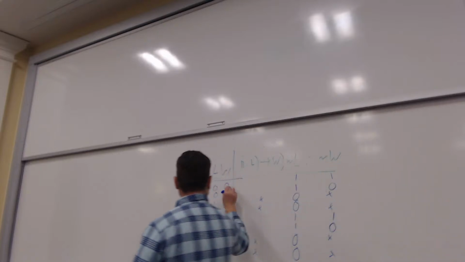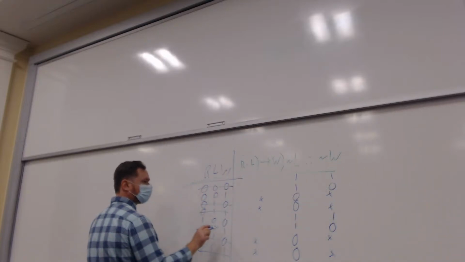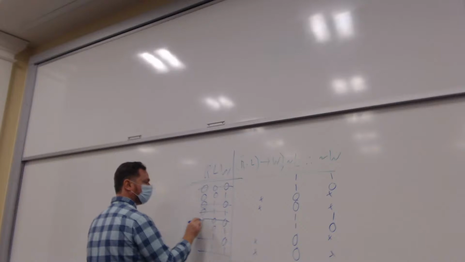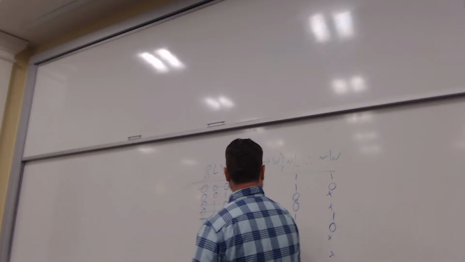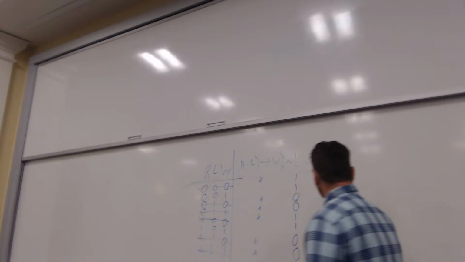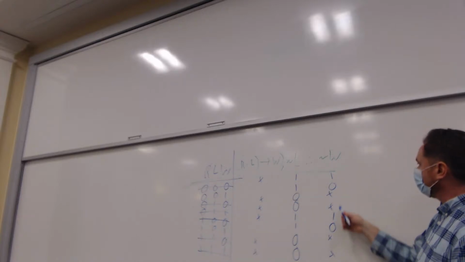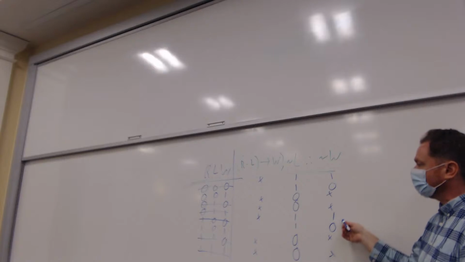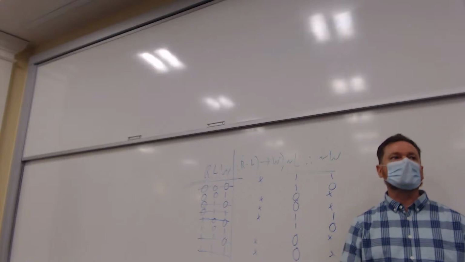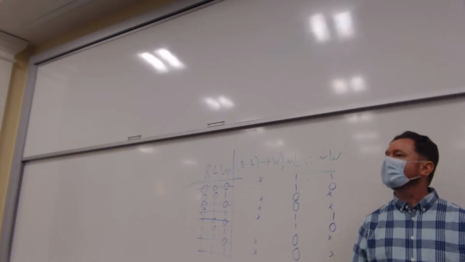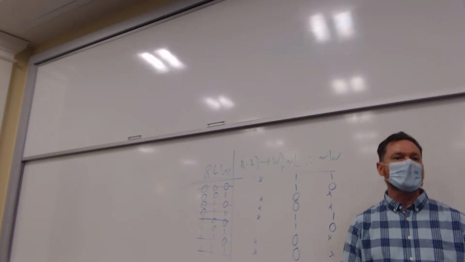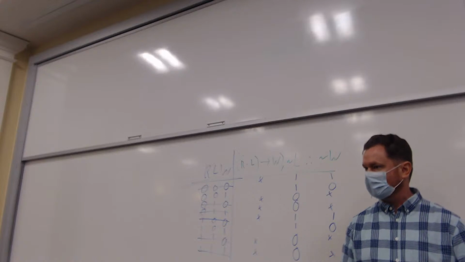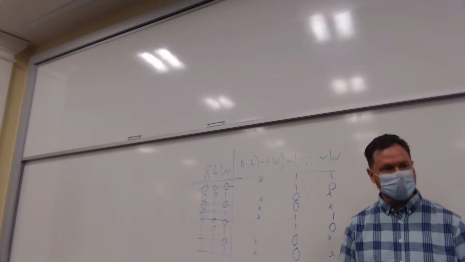We can eliminate set of values 1 and set of values 5, because in those two situations, we know the conclusion has to be true. And if the conclusion is true, we cannot have an invalid set of values because we are not going to have the situation where all the premises are true, but the conclusion is false.